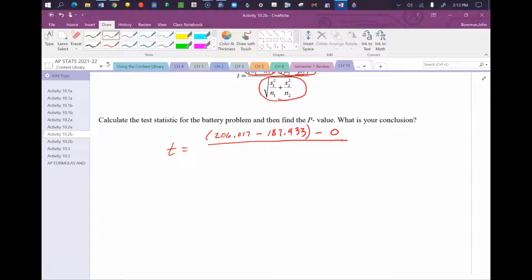Your calculator defaults to 0, so if it's something other than 0, you won't be able to use the built-in function on your calculator. For the standard error, the sample standard deviation for the generic batteries is 10.3. We square that, divide by the sample size of 6, plus, for WC batteries, the standard deviation is 14.61. We square that, divide by 6. We calculate this, and it turns out to be 2.55.